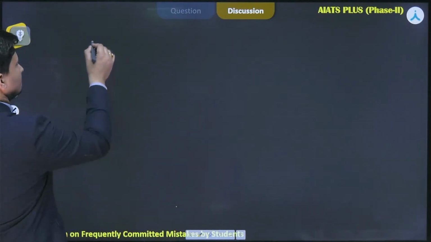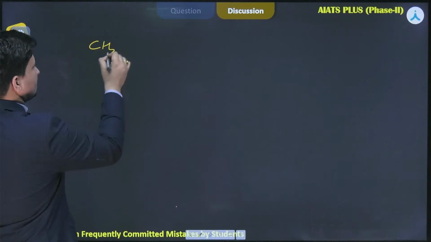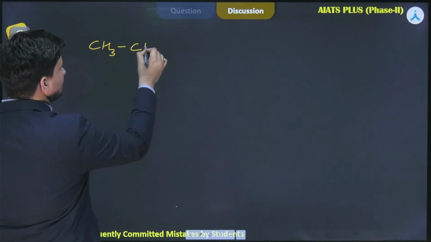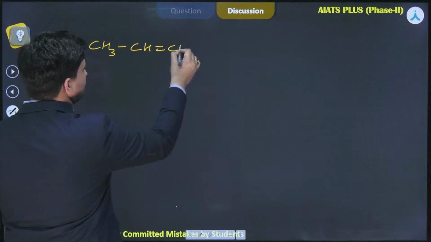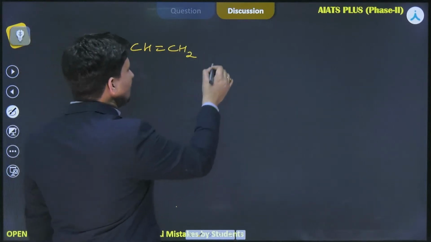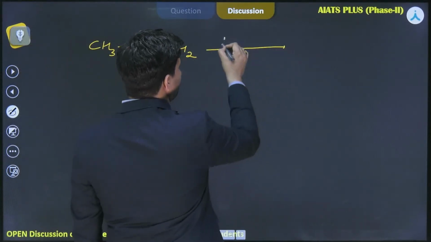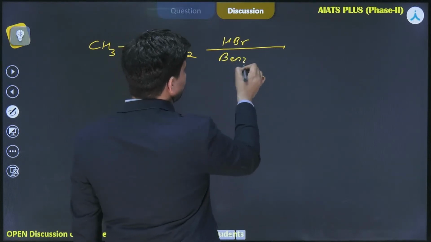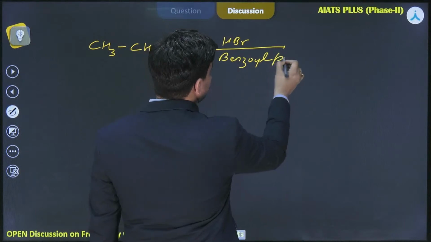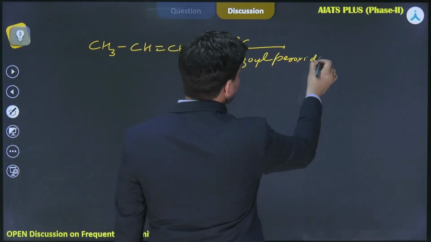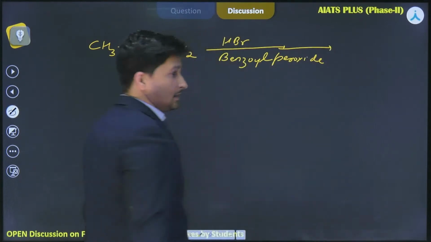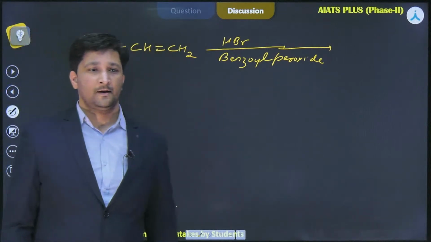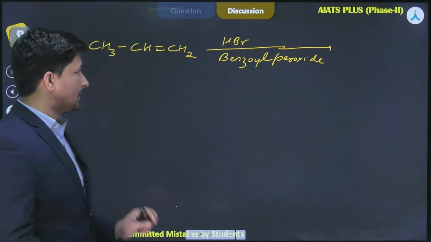Now we have this CH3, CH double bond, CH2, and we have HBr in presence of benzoyl peroxide. Then what will be the product obtained here? Now we have to find out.